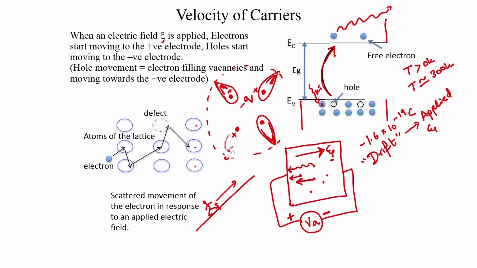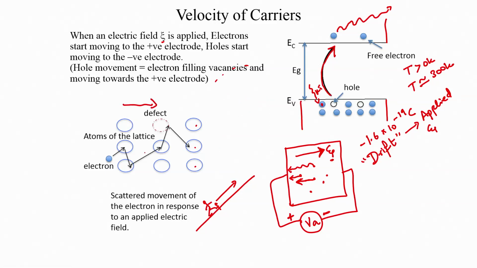That's not the only complexity with regards to the movement of the electron in a crystalline lattice. If there is an electric field, the electron almost never goes through the semiconductor without interacting with the lattice ions in a much stronger manner. All these lattice atoms are also vibrating because of thermal energy.